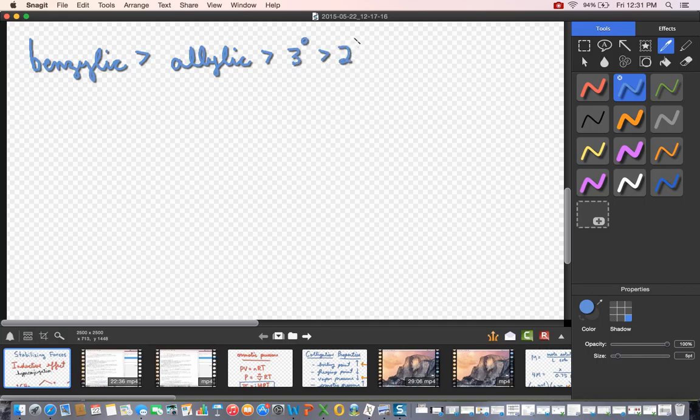Then secondary. Then primary. And really in a list, we have methyl, we have phenylic, we have vinylic. These are all very unstable carbocations.